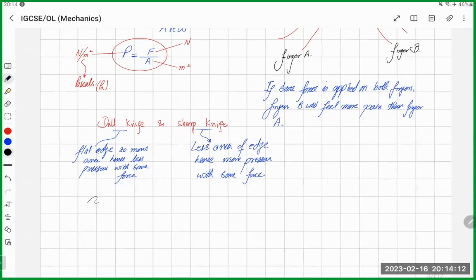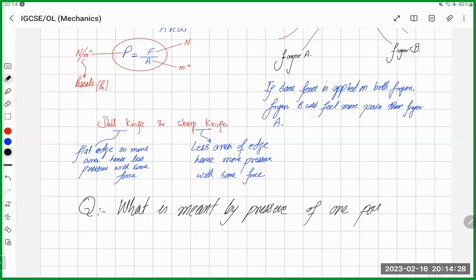Question: what is meant by a pressure of 1 Pascal?